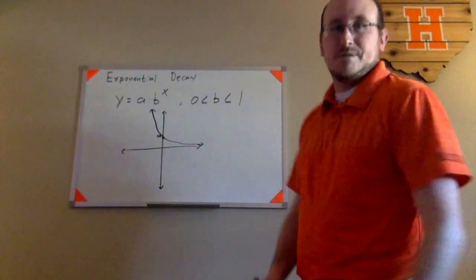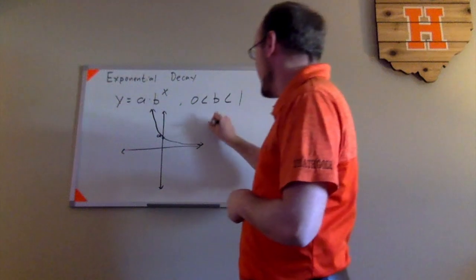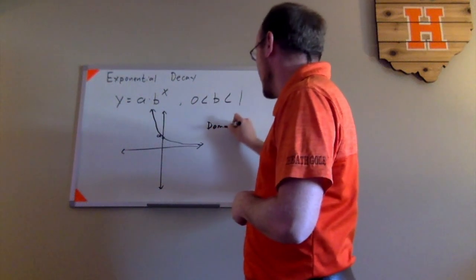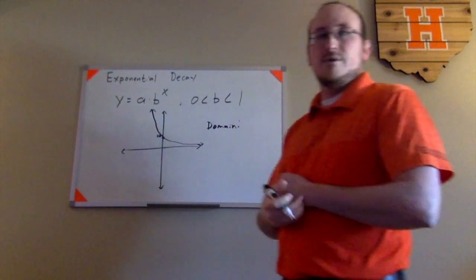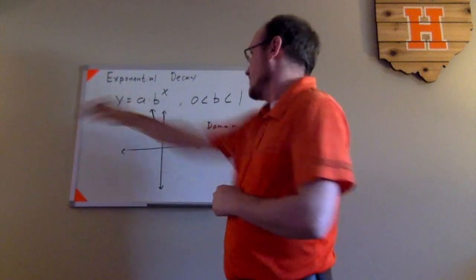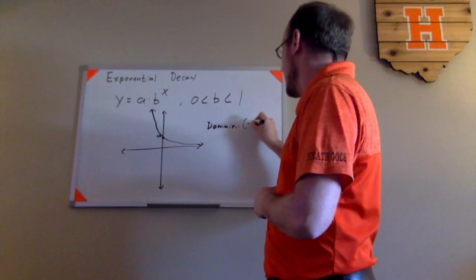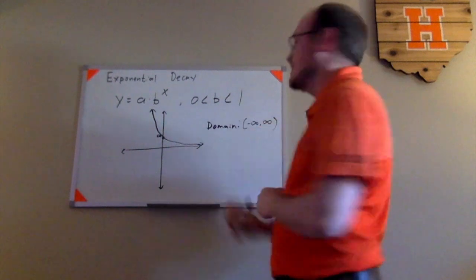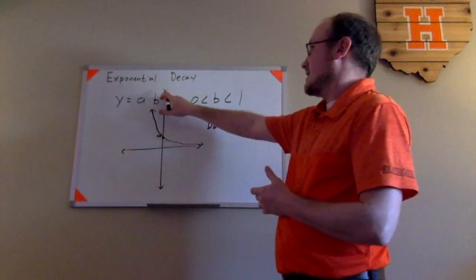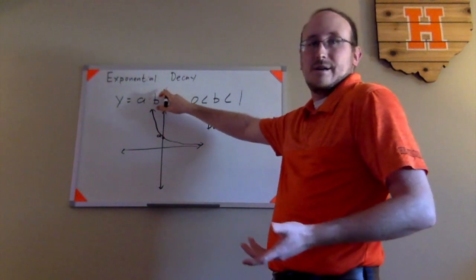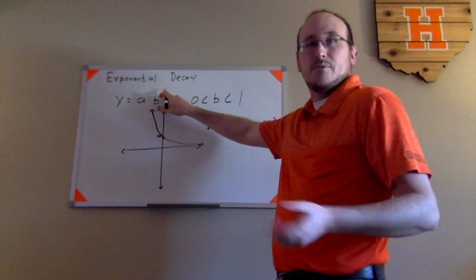I wanted to make statements about the domain and the range of this graph as well. The domain, again, would be all real numbers. It goes forever to the left and forever to the right, so that would be negative infinity to positive infinity. There are no values of x that I would not be allowed to plug into that variable. Any real number would work.